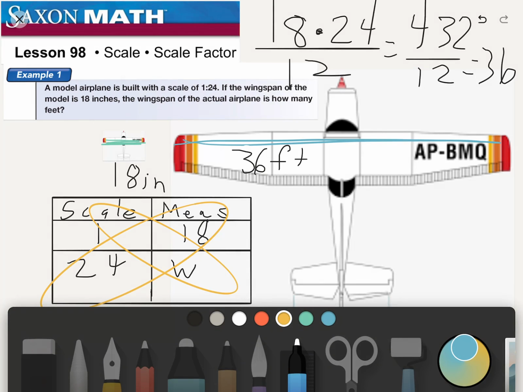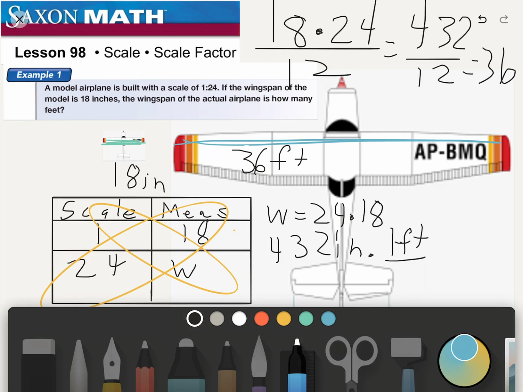So looking at that, we could write that out as, or if I can find space, I guess I'll just write over it, W equals 24 times 18, and then that would get us to 432 inches, and then we could do a unit multiplier action.